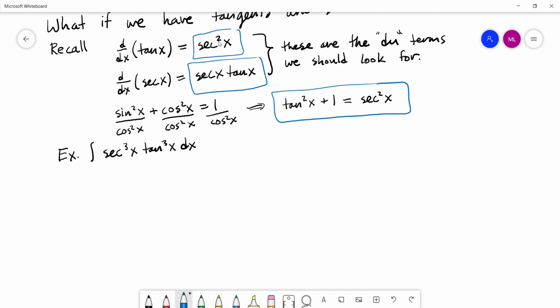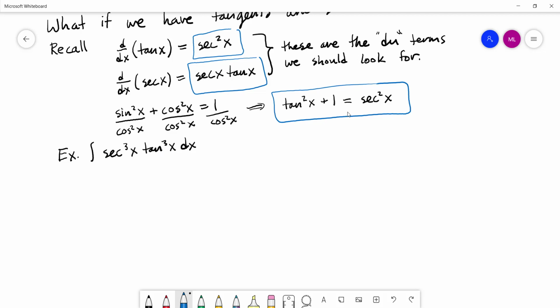So if I pulled out a secant squared, what would that leave me with here? If my secant squared dx was pulled out as my du, it would leave me with a secant to the first power and a tangent cubed. That is not necessarily ideal because it isn't even powers. It's leaving me an odd power secant to the first power, and tangent cubed, also an odd power.